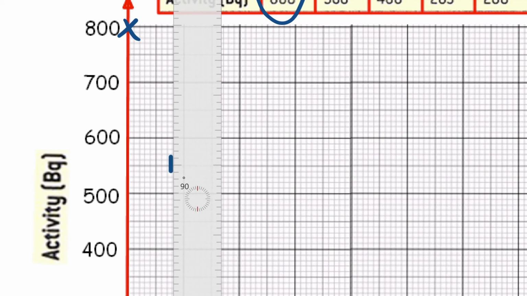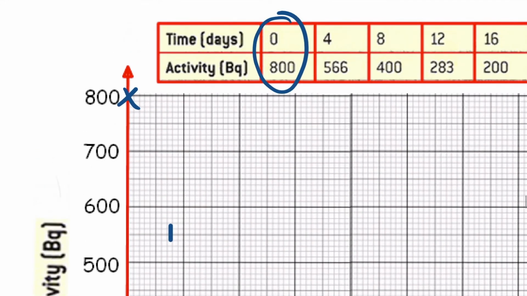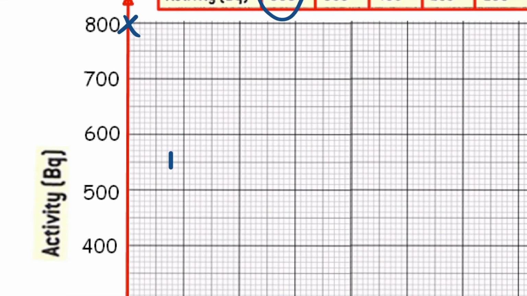But then we've got to find where 566 is. I use a thinner pen. Right, so it's here somewhere. That's my 4 there somewhere, but I can find 566. If I were to zoom in a bit more, that's 550. Every small square up is 10.